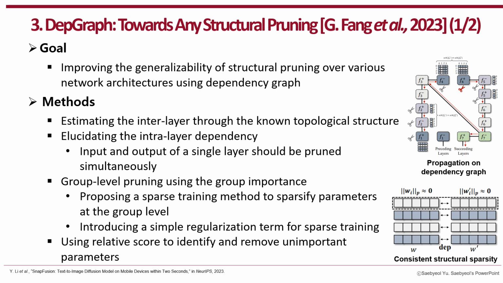Subsequently, the relative importance score is used to identify and prune the parameters of low importance within the group.